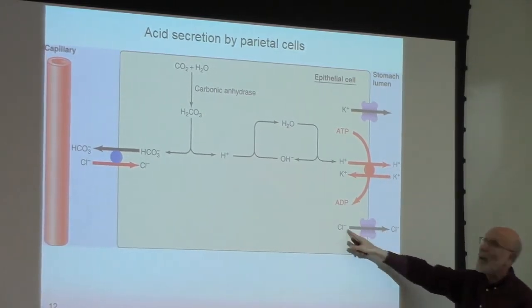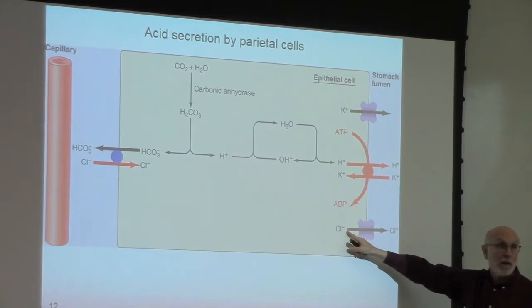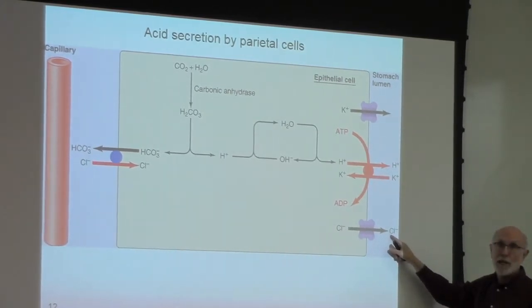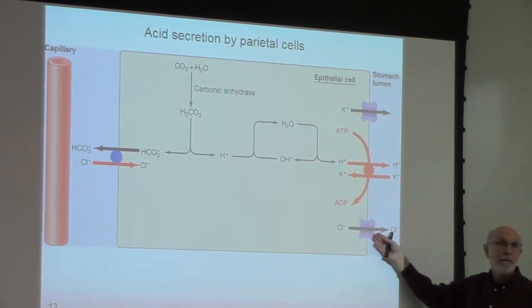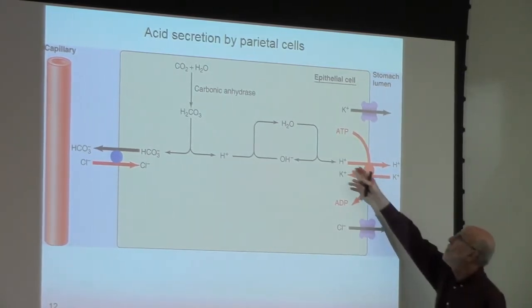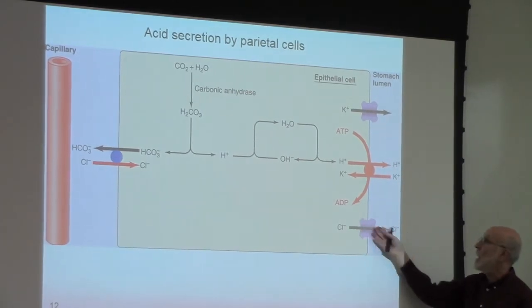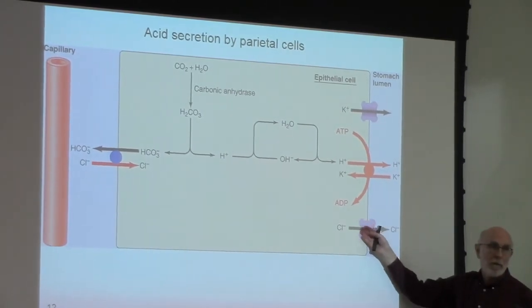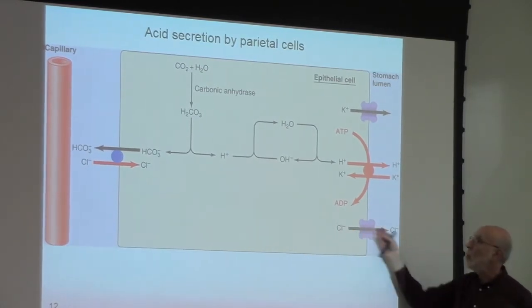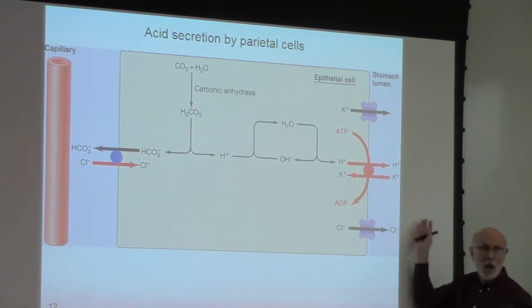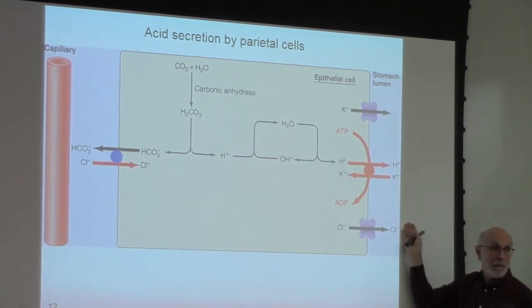There is also passive transport of chloride through chloride channels. And this is just a passive flow following the pumping of a cation. The pumping of a cation is accompanied by a rich passive flow of chloride. And actually water to some extent too, because we're pumping a solute into the lumen of the stomach.